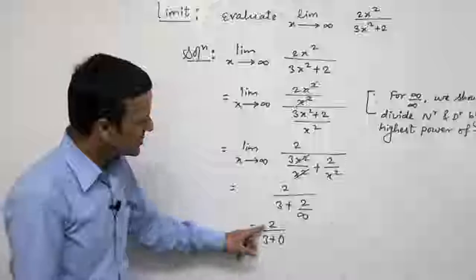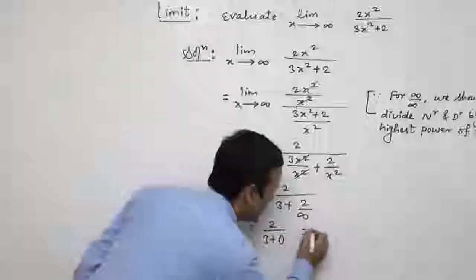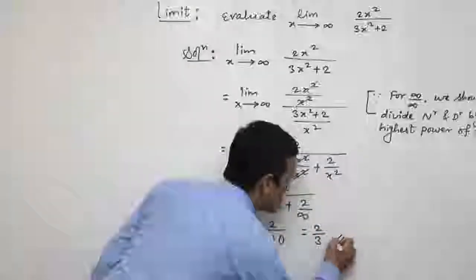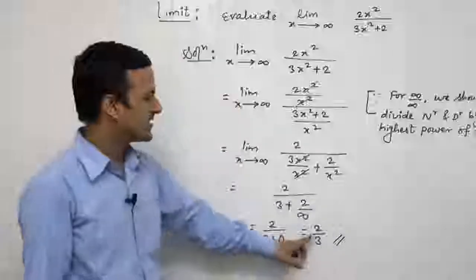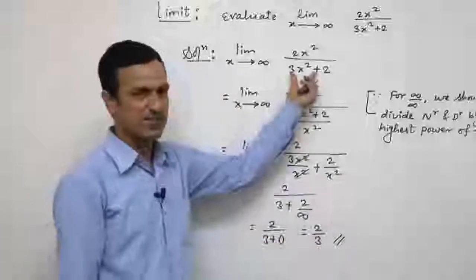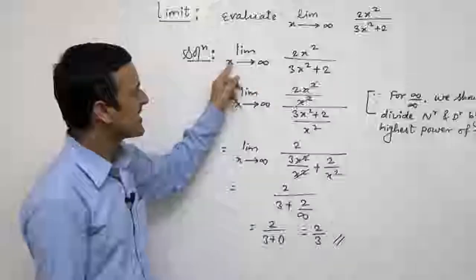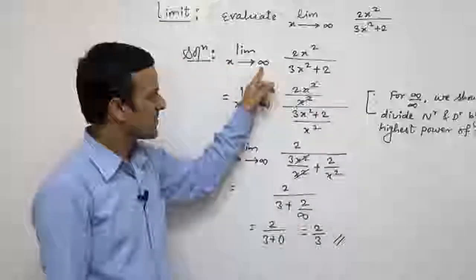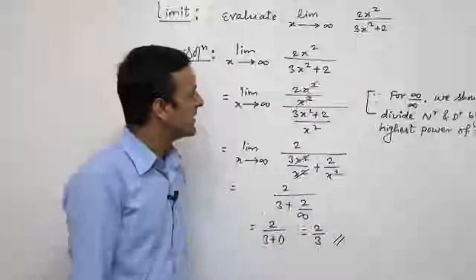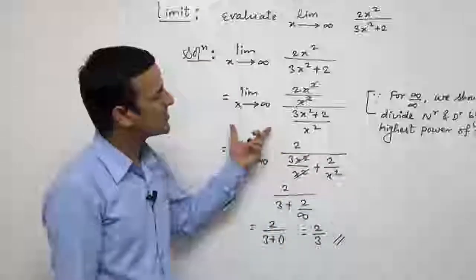That's why it will be 2 upon 3 plus 0, and the final answer is 2 upon 3, which is the approximate value of this function when x tends to infinity. So this is the required solution, and in this way we can solve this problem.